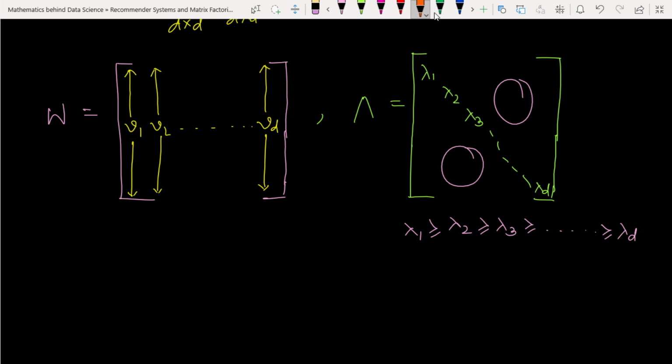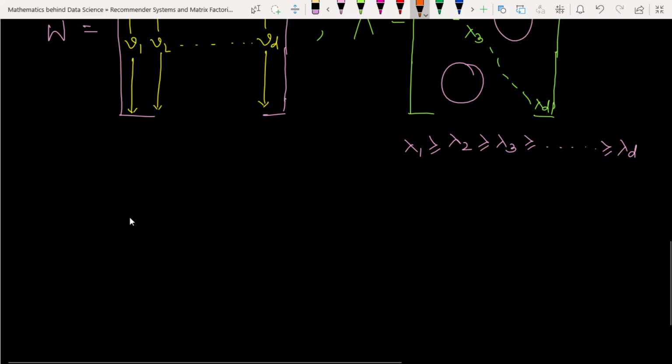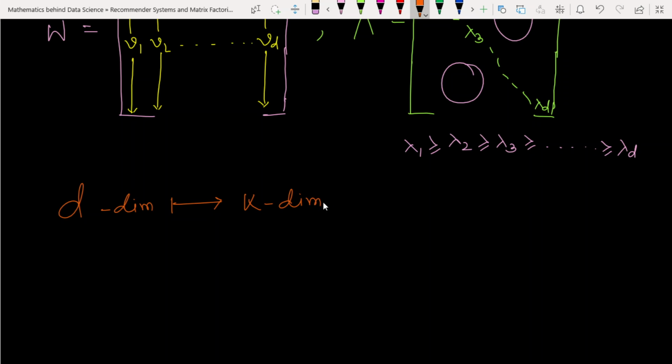So we have to convert this D-dimensional space into a K-dimensional one, where K is smaller than D. We have to neglect those smaller eigenvalues and not consider them in our data.